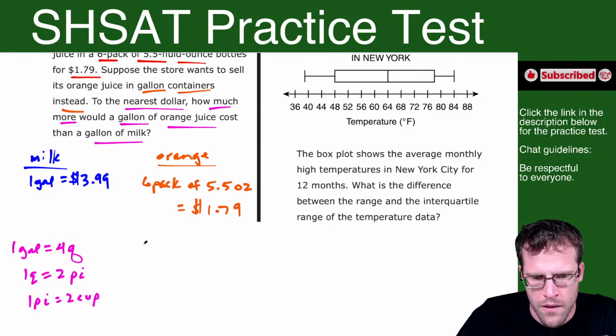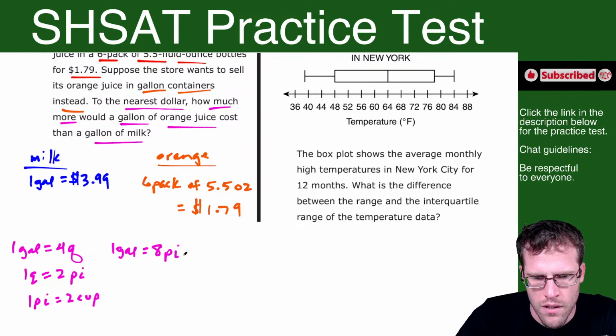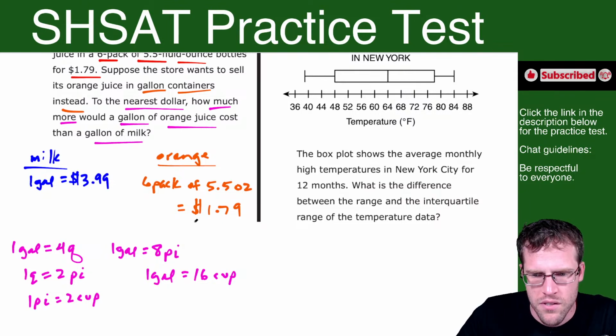So 1 quart is 2 pints, so 1 gallon is 8 pints. And remember, 1 pint is 2 cups, so 1 gallon equals 16 cups. And a cup is 8 ounces.